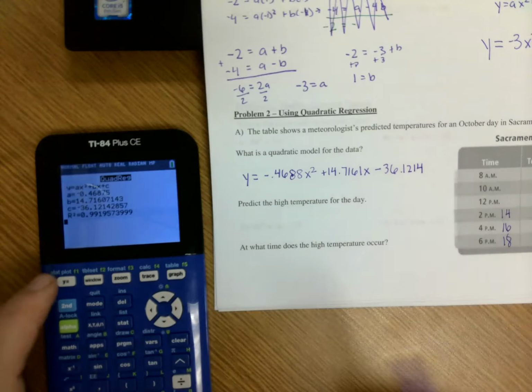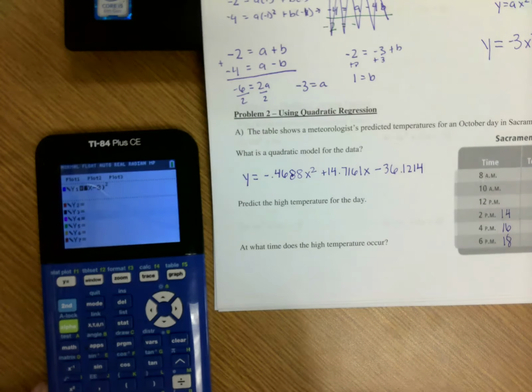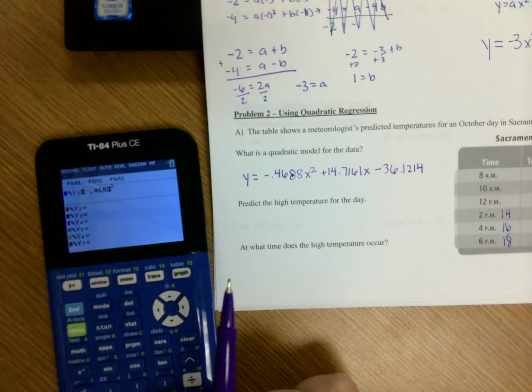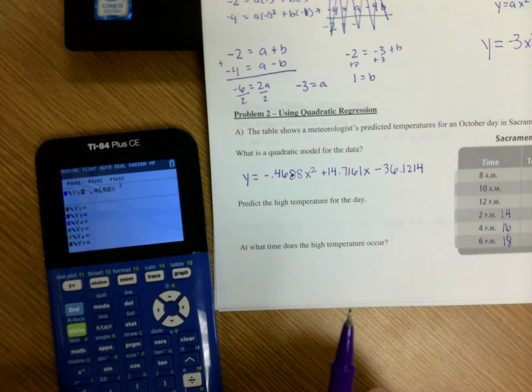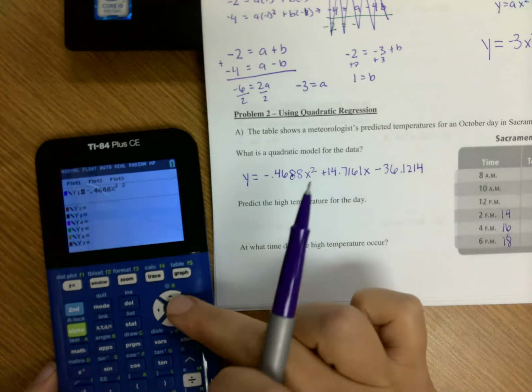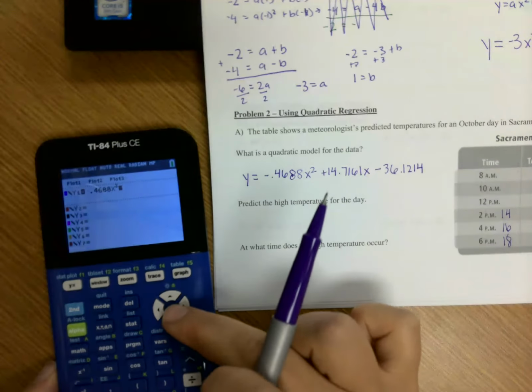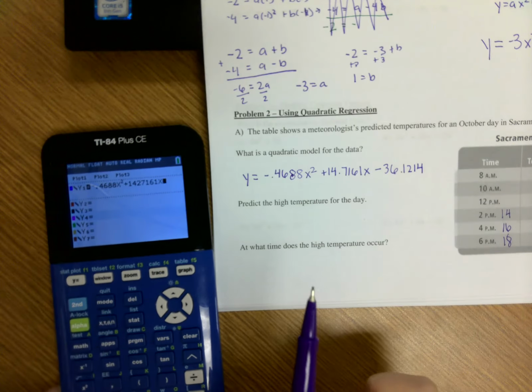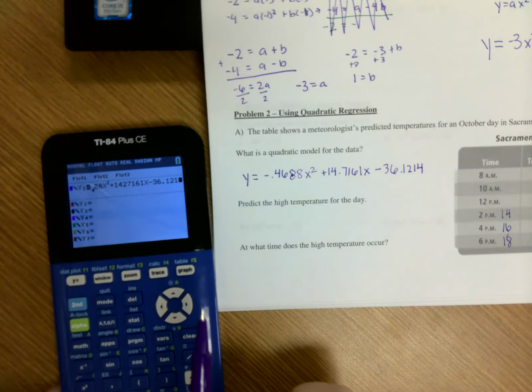So when I'm looking at this, I'm going to go to y equals, and go to negative 0.4688 x squared, plus 14.7161 x minus 36.1214.